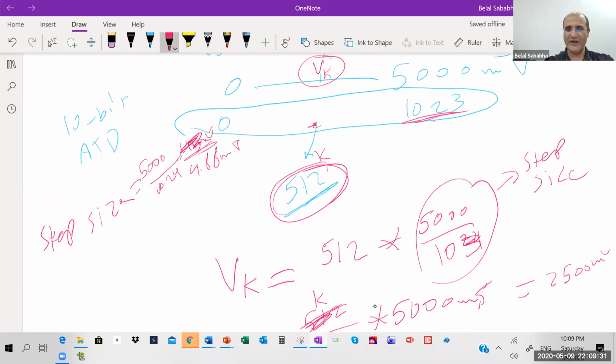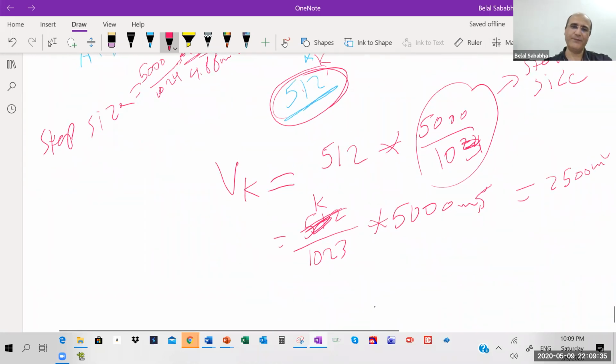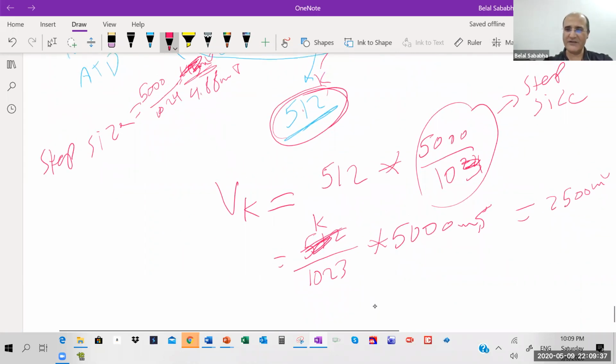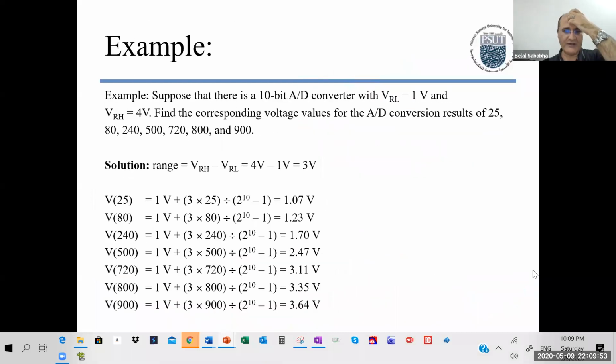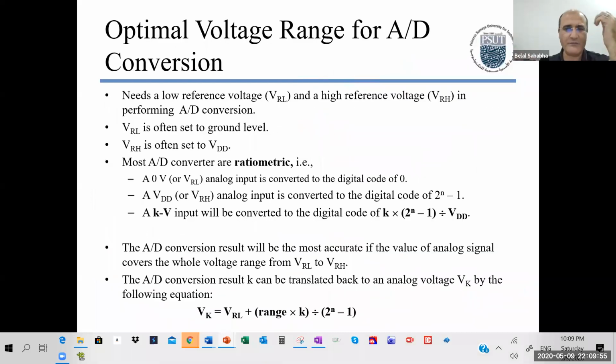This is a ratio, multiplied by the value you want to take, or the step size times the number of steps, whatever. Well, this is assuming we're counting from 0. But if the voltage reference low is different from zero, you can compute it this way.